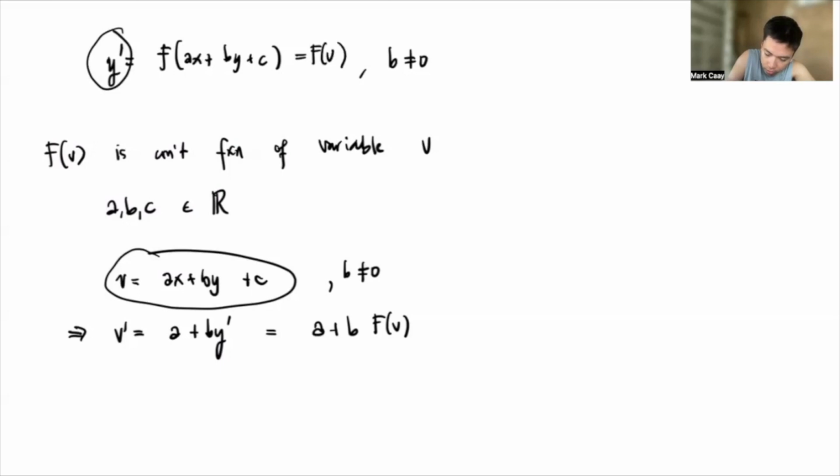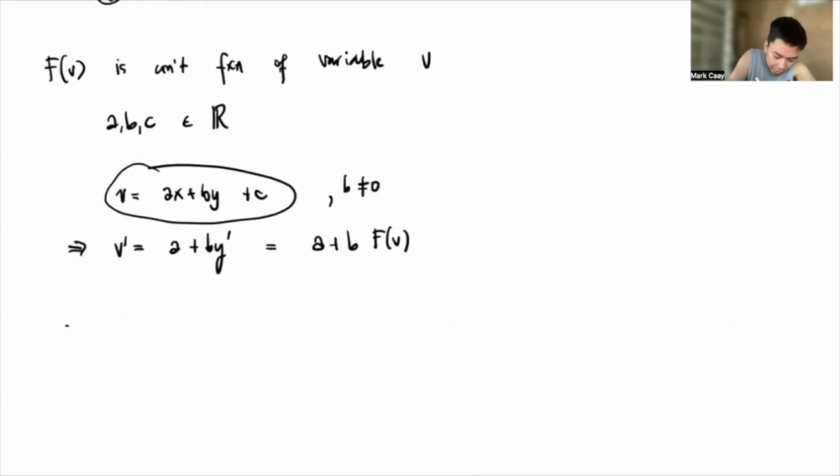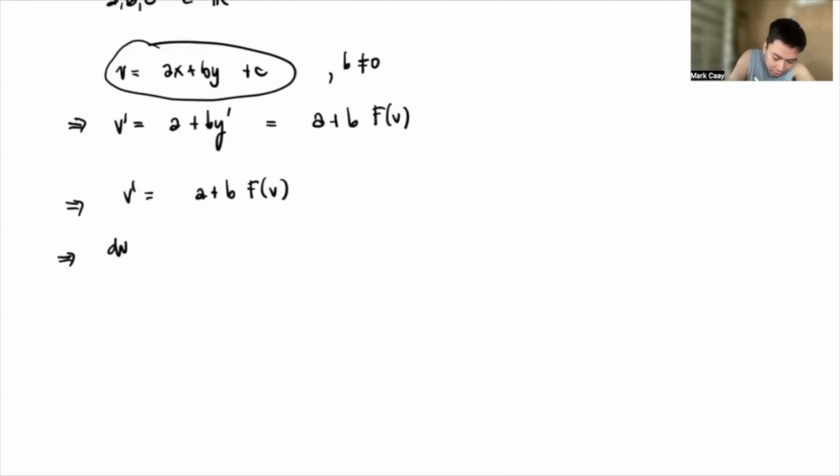Okay, so let me just add this. This means that your v prime is equal to a plus b f of v, or since v prime can be written as dv/dx, I get this one here.